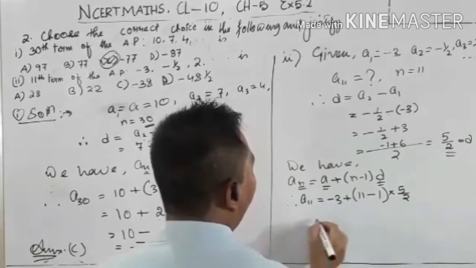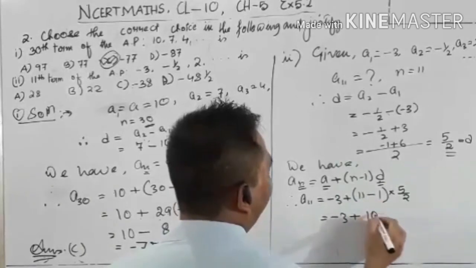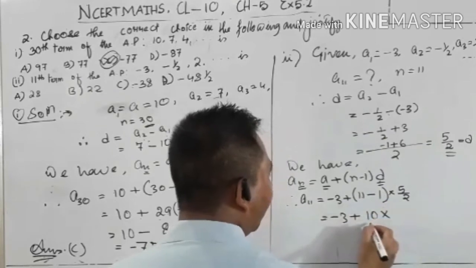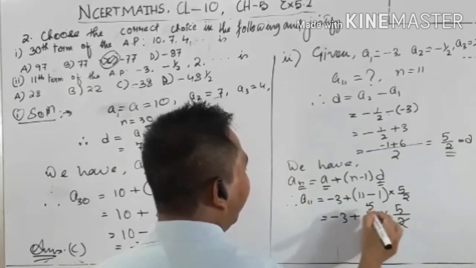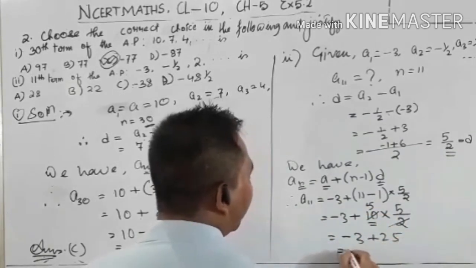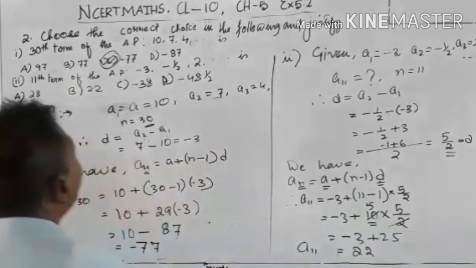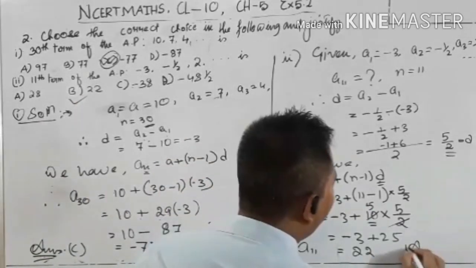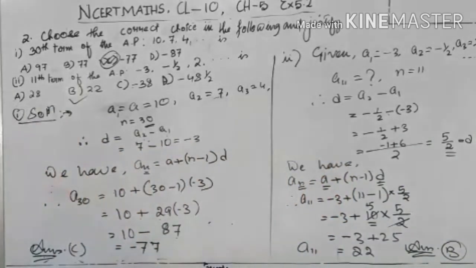So minus 3 plus, 11 minus 1 is 10, right? So it will be 5 and 2. Got this? 5, right? Minus 3 plus 25, that means it is given by 22. What is our correct answer? Our 11th term is 22. Our correct answer is B. Option B, correct? I hope you understood.